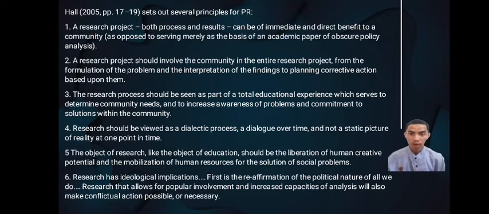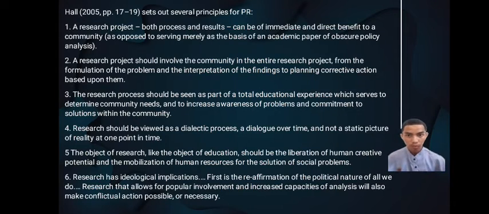In number 5, the object of research, like the object of education, should be the liberation of human creative potential and the mobilization of human research for the solution of social problems. And number 6, research has ideological implication.